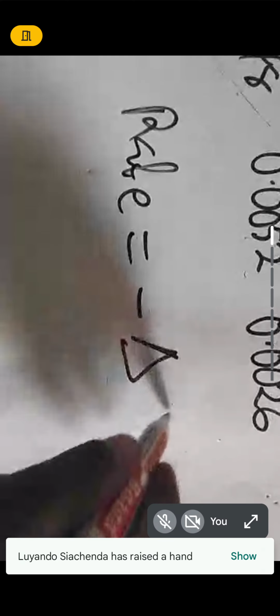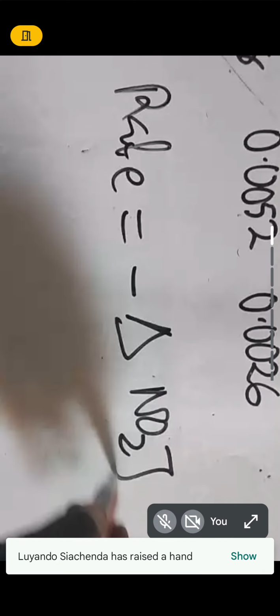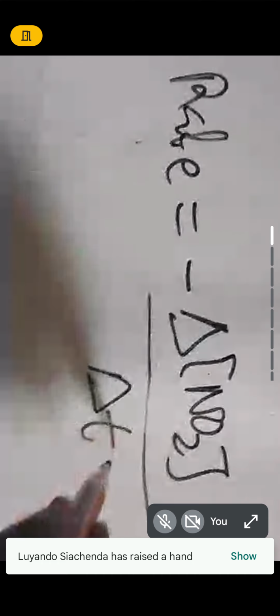So we are going to write the rate as negative delta NO2 over delta T. The negative that we have introduced will cancel. Remember the rate that we found is this one.